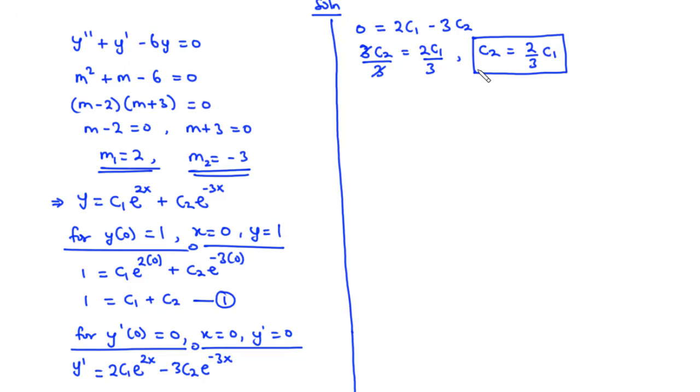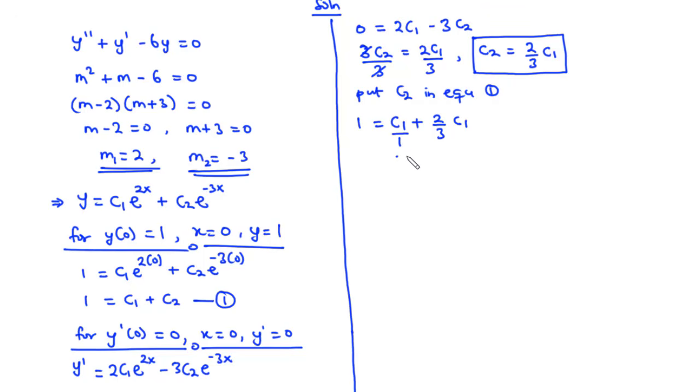The next thing is we are going to plug c2 into equation 1. So for equation 1 we have 1 = c1 + c2, which is c1 + (2/3)c1.